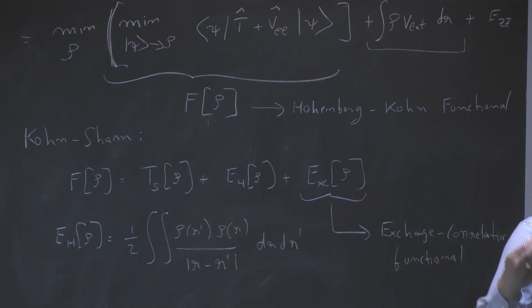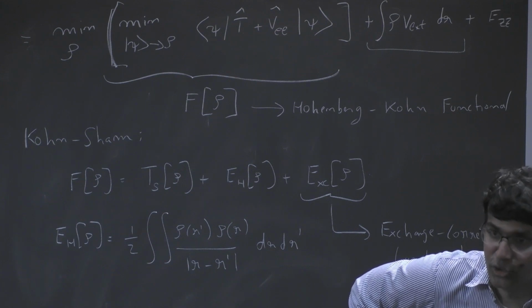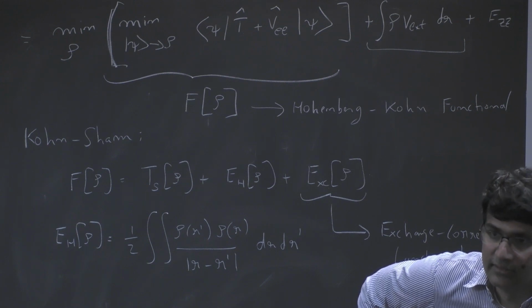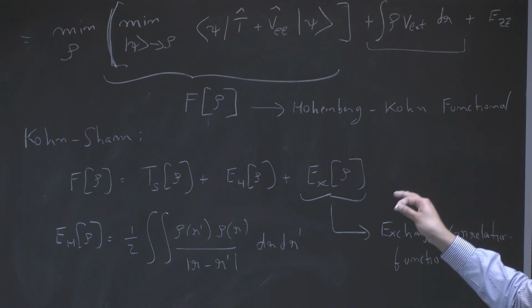Yes, but that comes down to the question of V representability, right? If the electron density is V representable or not, and if we have V representability, then we have something which is an exchange correlation functional. Yeah, this is N representability.